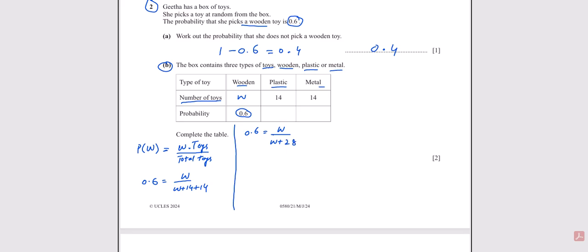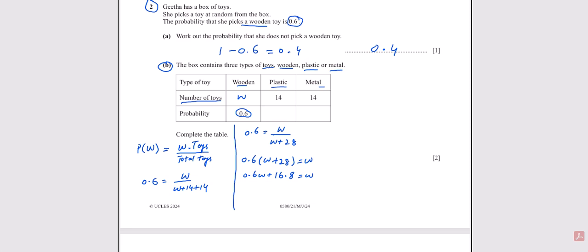Multiply on the other side. 0.6 multiplied with W plus 28 is equal to W. 0.6 multiplied with W is 0.6W, plus 0.6 multiplied with 28, that is equal to 16.8, is equal to W.